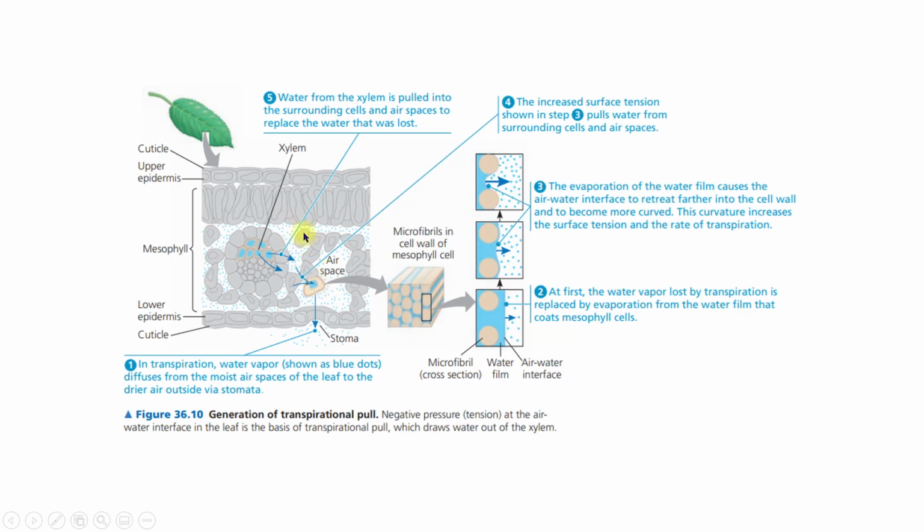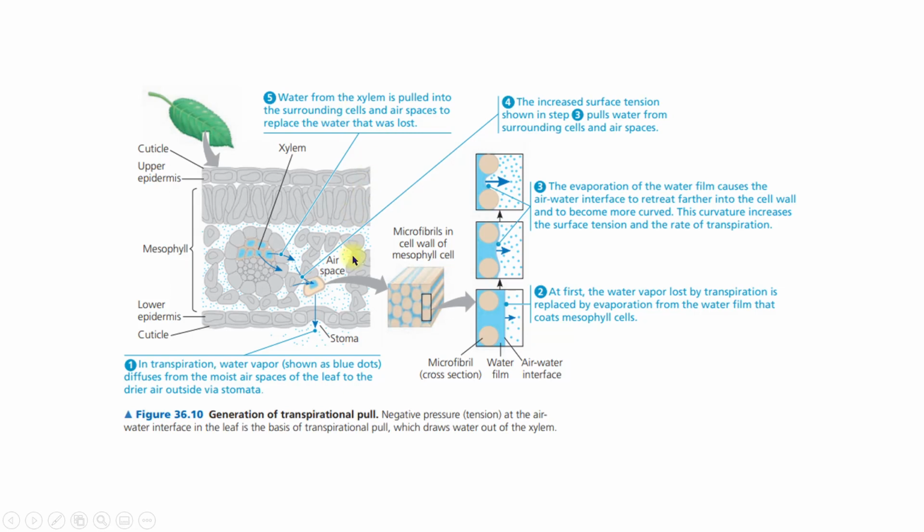Next, the water from the air spaces as well as from the adjacent cell that was lost must be replaced, right? So water from the xylem is pulled into the surrounding cells and air spaces to replace the water that was lost.